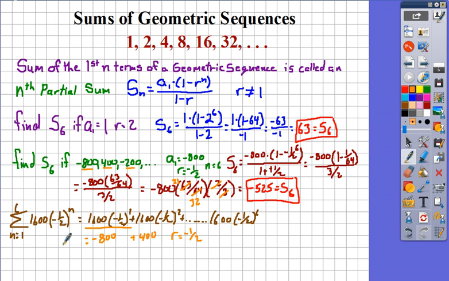Right here is the first term, a sub 1. And what else do we need? We need to know how many terms. From 1 to 6, we're doing 6 terms, so n equals 6. We could plug all of that into the same formula just like we did before, and it would simplify out exactly the same way, getting the exact same answer, showing us that the summation here also equals negative 525.